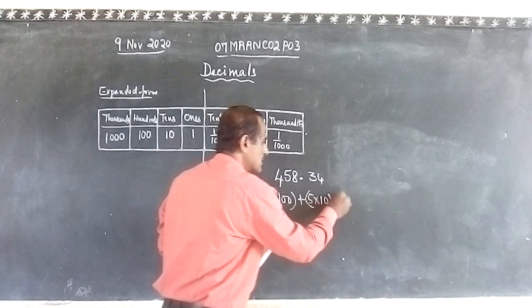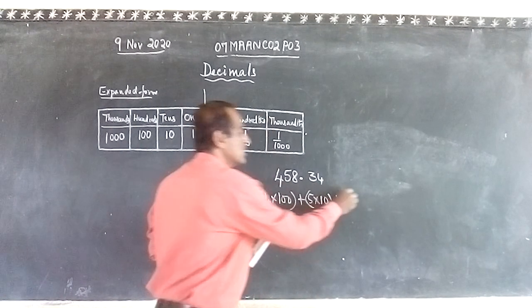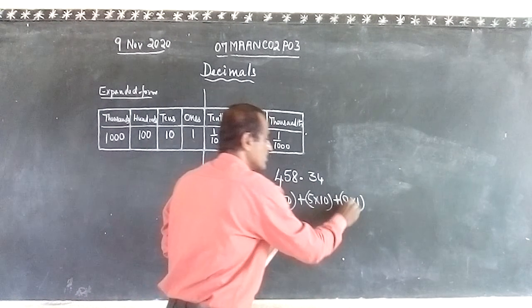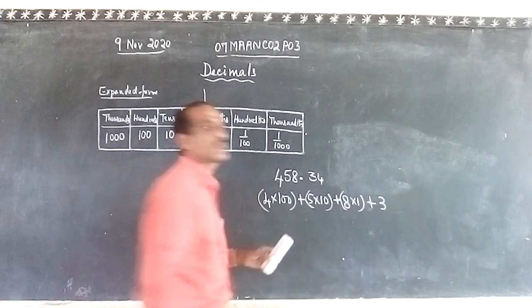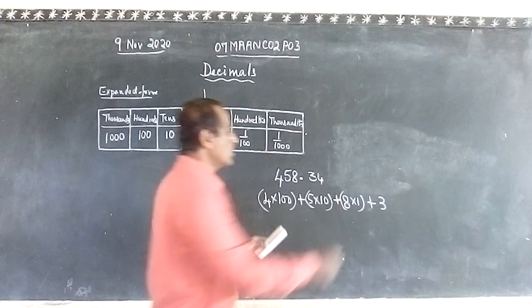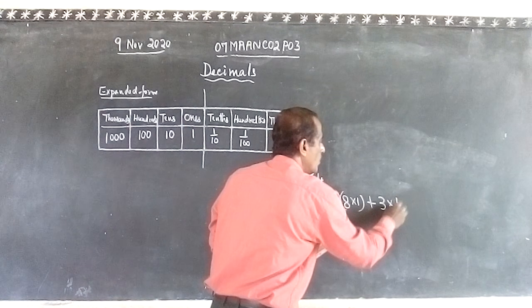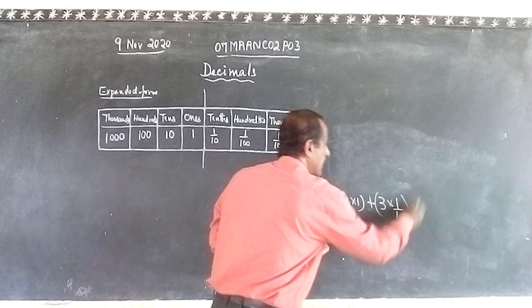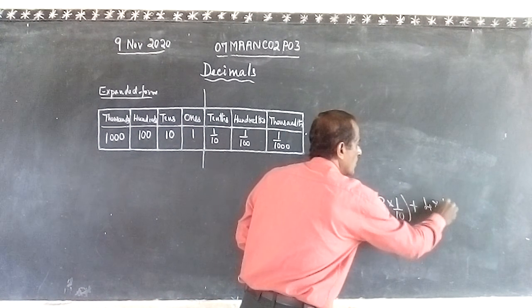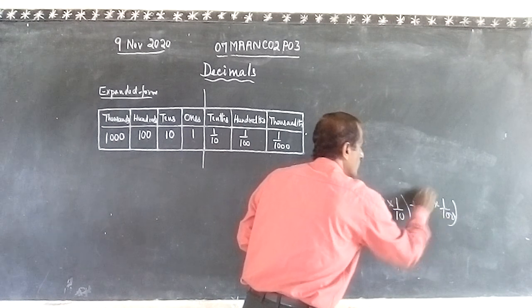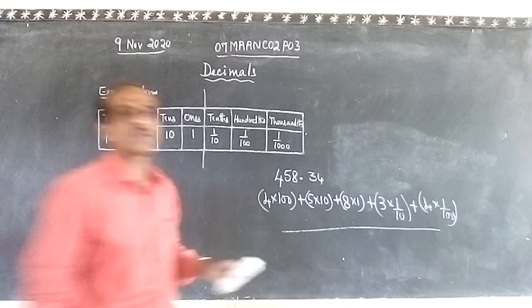Then plus 8 is in the unit place, so 8 into 1, plus 3 is in the 1/10th place. Therefore, 3 into 1 by 10 plus 4 is in the 100th place, 4 into 1 by 100. So this is the expanded form of the number.